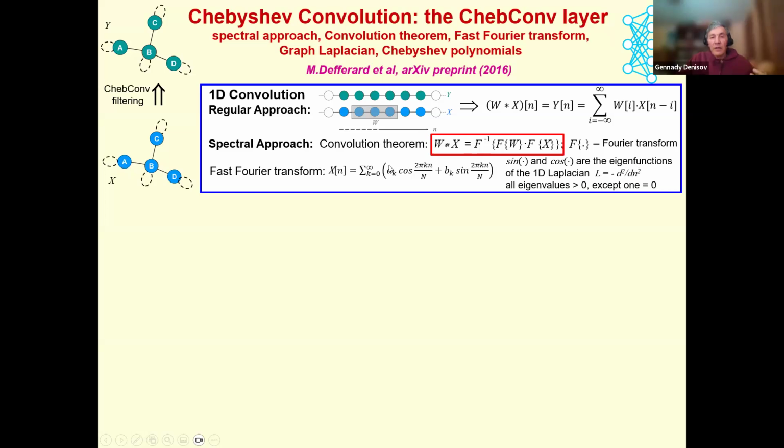And that multiplier, taken with opposite sign because we have a minus here, would be the eigenvalue of the Laplacian operator. All the eigenvalues of the Laplacian operator are always positive, except one, which is 0. And that one corresponds to the value k equal to 0 here.